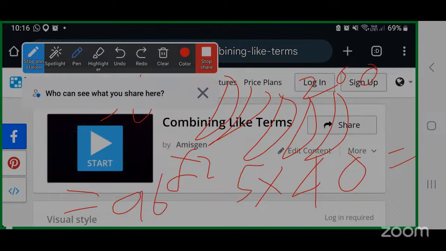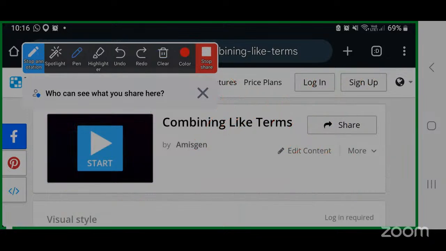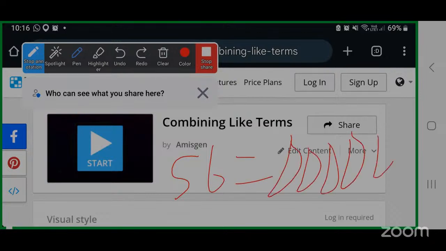Another thing to know about terms, when you have numbers next to them, just like with the 5B, or 5 bananas. Let's draw them again: 1, 2, 3, 4, 5. Should really use yellow because yellow's bananas and everything. What this really means is that I have 5 amounts of whatever B is.